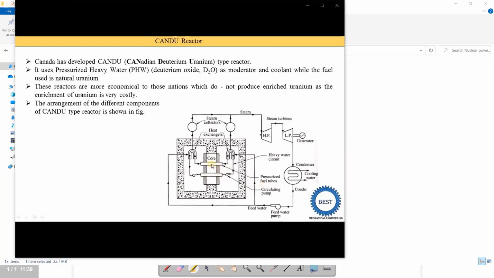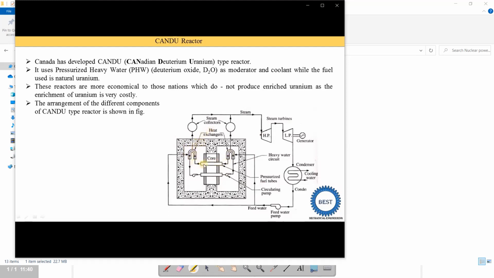In a pressurized fuel tube there are a number of bundles, and in these bundles a number of pellets are provided, which we will discuss later. The pressurized fuel tube creates heat energy due to the fission of the uranium. This heat energy is carried by the heavy water circulating in this pipe. Heavy water is supplied in this core, absorbs the heat energy and transfers it to the heat exchangers.